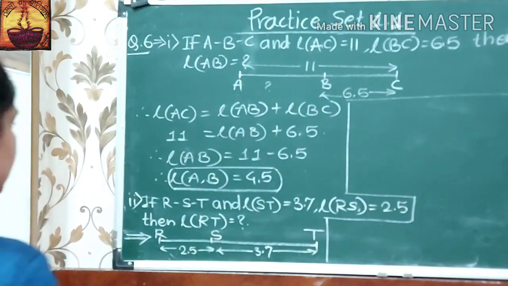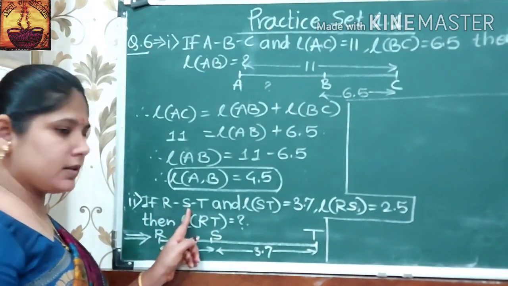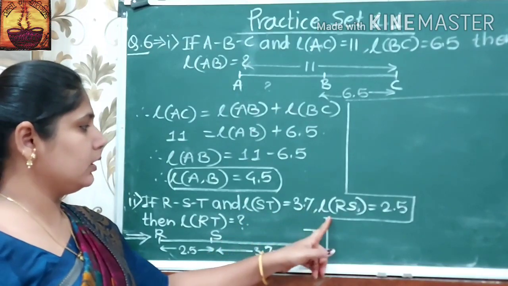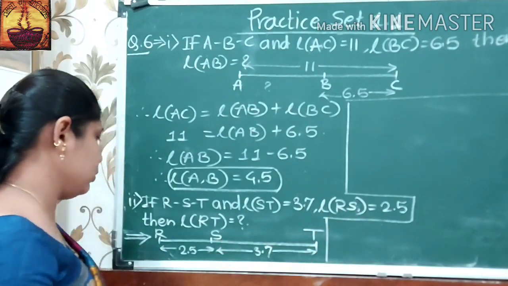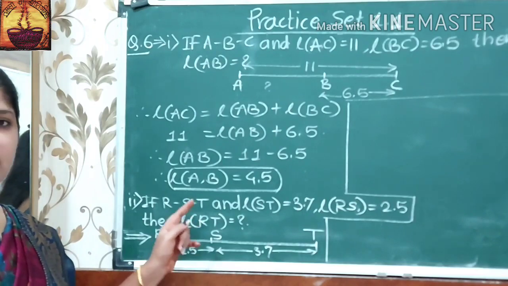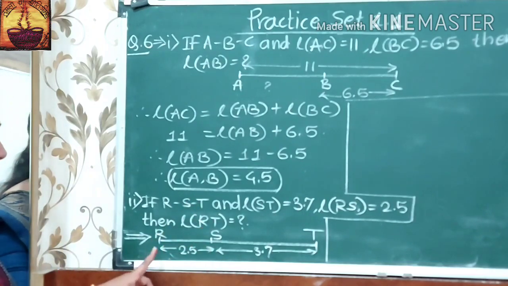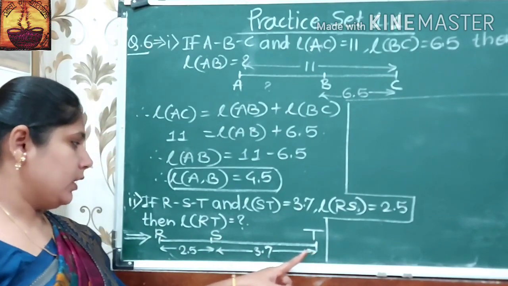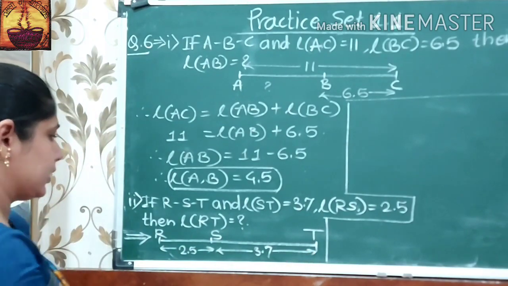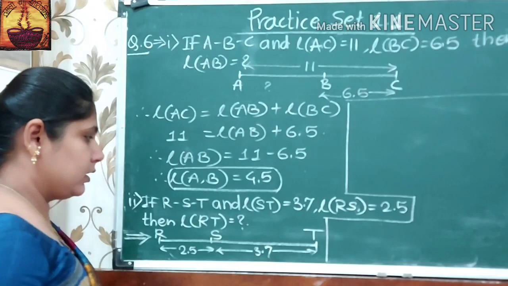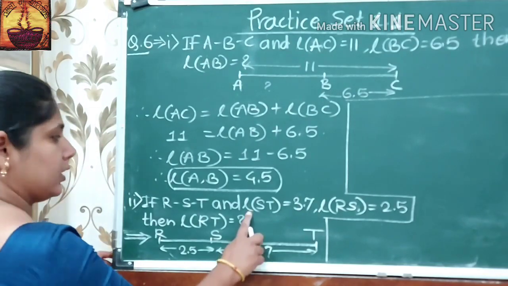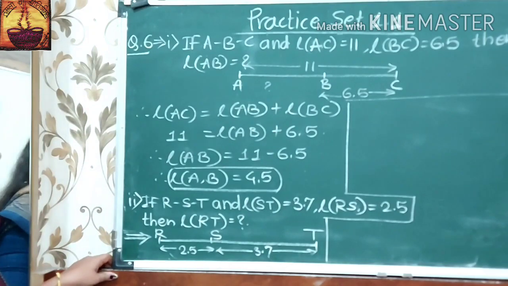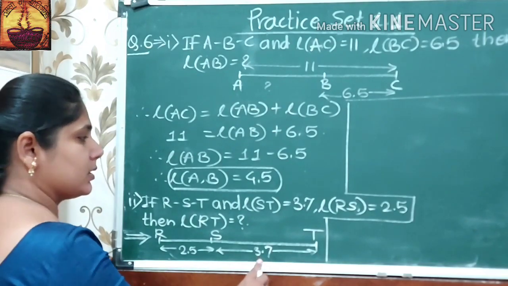Now the second example: if R-S-T and length ST is equal to 3.7, length RS is equal to 2.5, then find length RT. First we have to draw a diagram. A line RT, and point S is between points R and T. Length ST is 3.7, so we write 3.7.